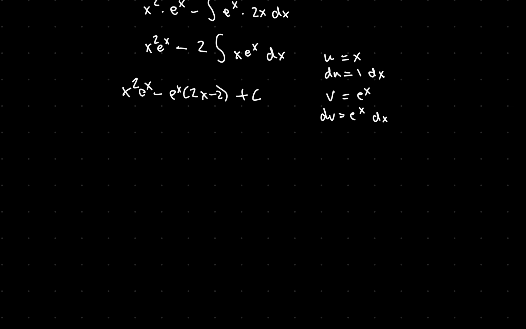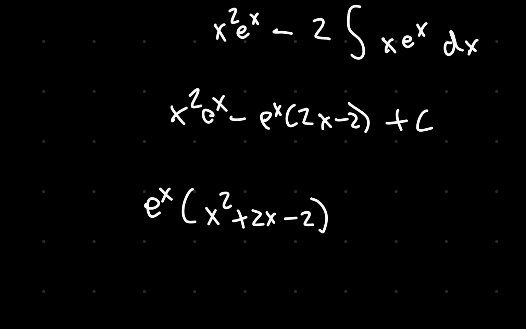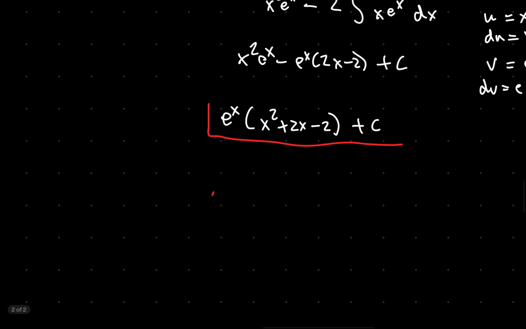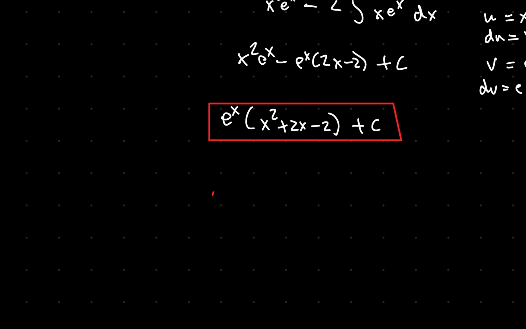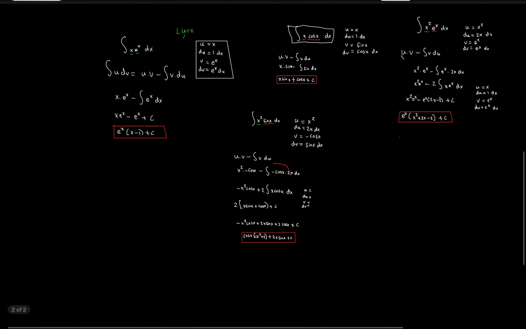But on the odd time they might say simplify, how easy is this? Just take out the e to the x and we have a little quadratic in the middle. Plus c. Do not forget the plus c. I will say this till I die. There we go. And that's the 4 integrals we set out to solve.